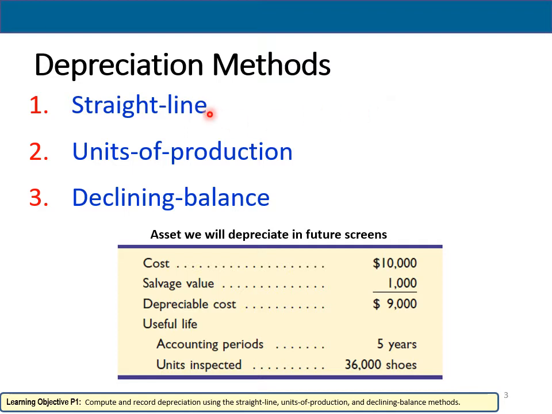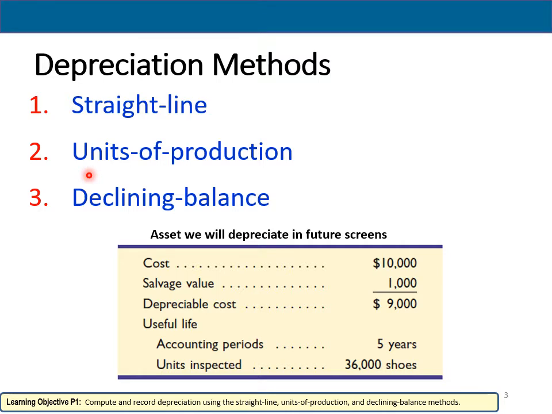So we are going to be responsible for three methods of depreciation. The first is straight line, which is the most widely adopted and most straightforward method, and it's the most predictable as well.